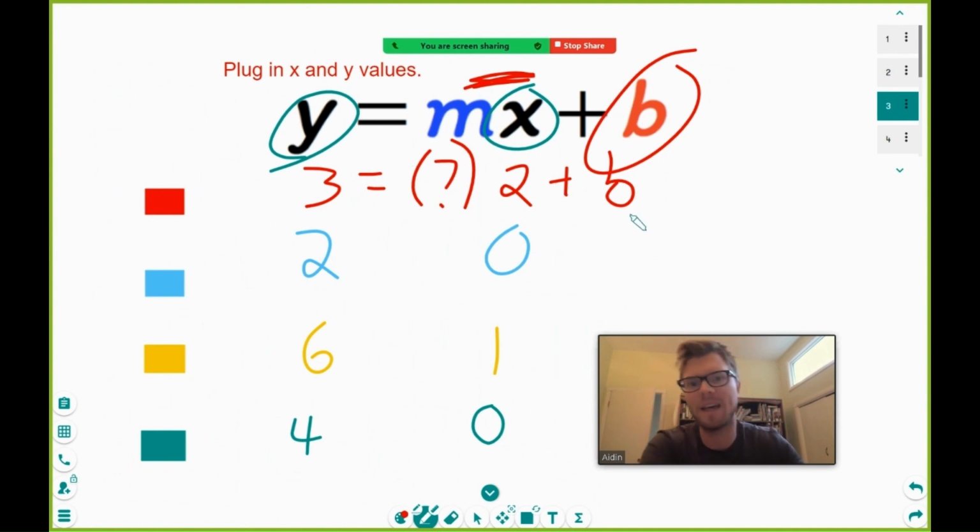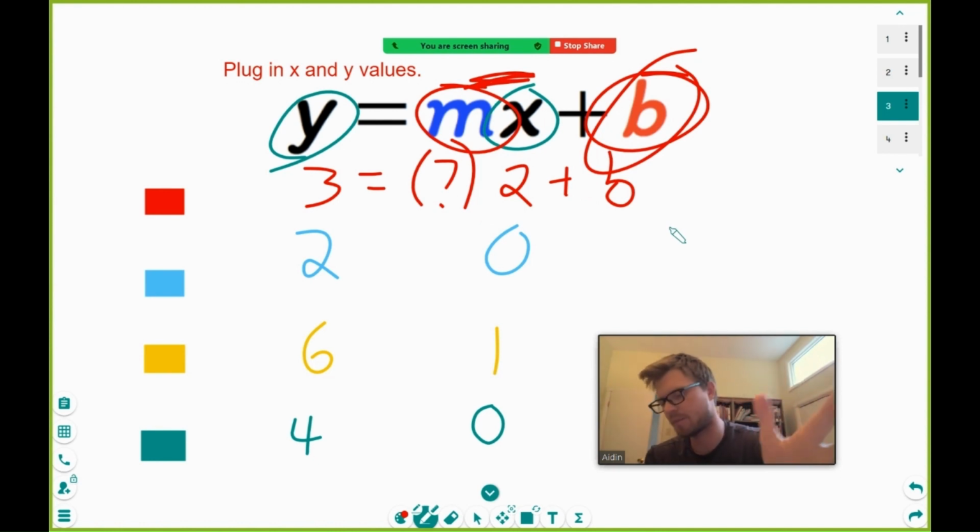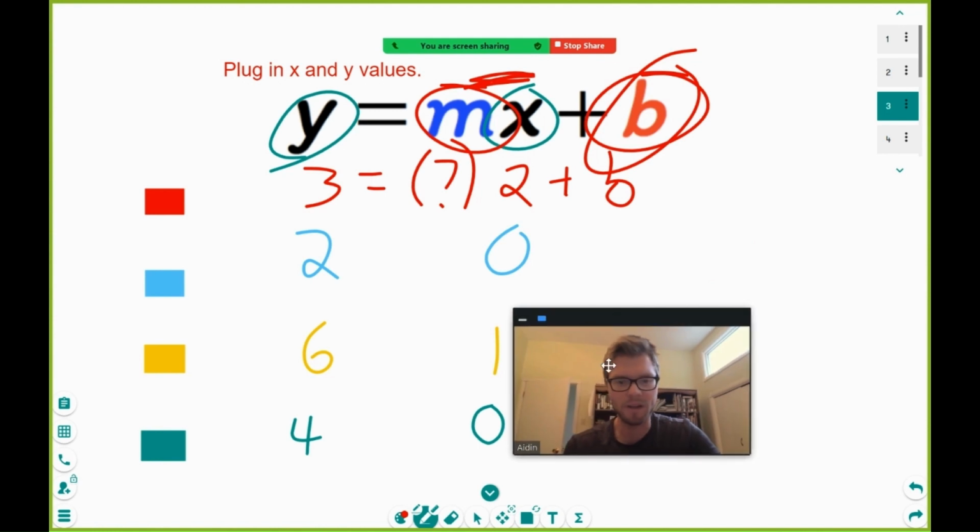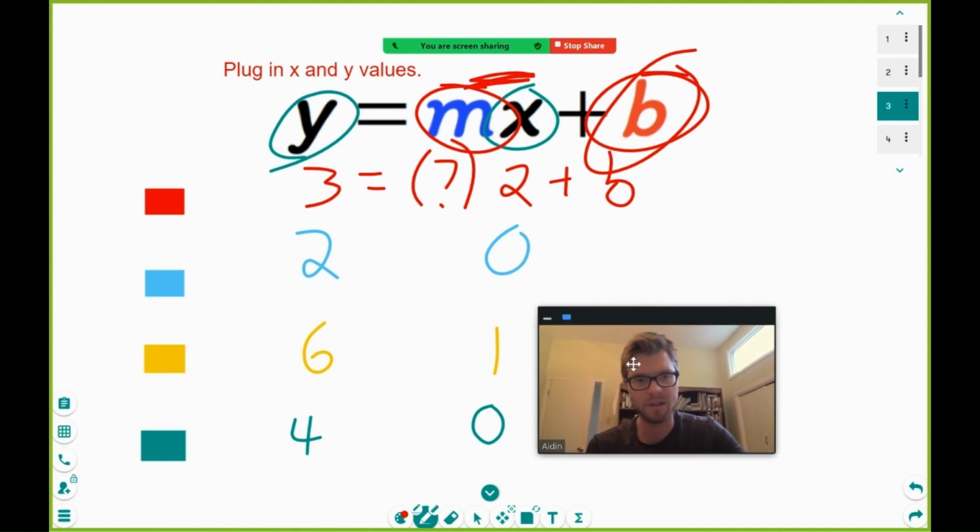And what you basically have to do is make sure that you know what these other letters are, and then you can use that to find your y value. Okay, so one thing that's very important is to find the y-intercept. What is the y-intercept? Y-intercept is b in this equation.